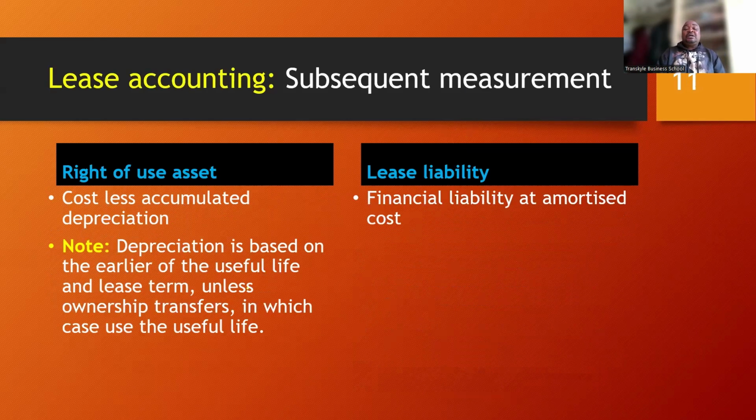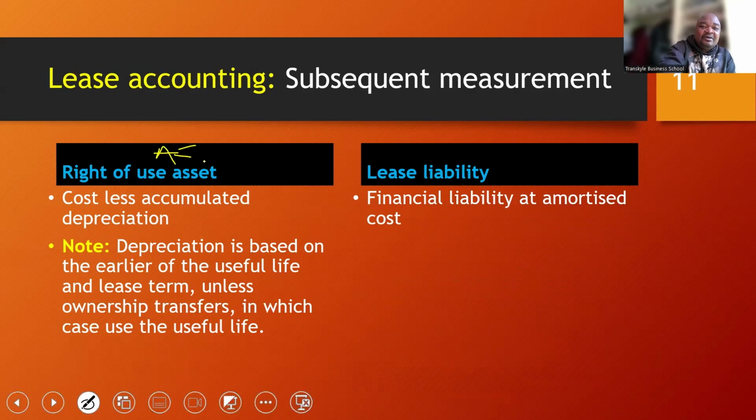Now, subsequently, how are you going to measure leases? How are you going to measure the lease items? The right of use asset is an asset by its name, and this one is just a liability. The right of use asset sits in the asset section of the SFP.